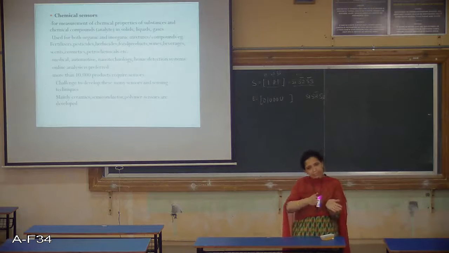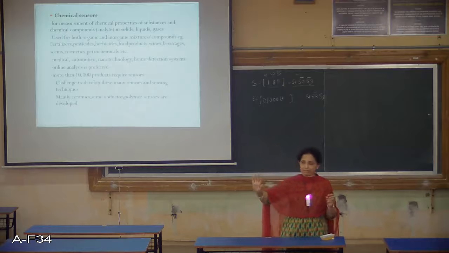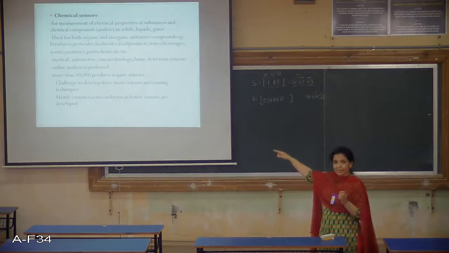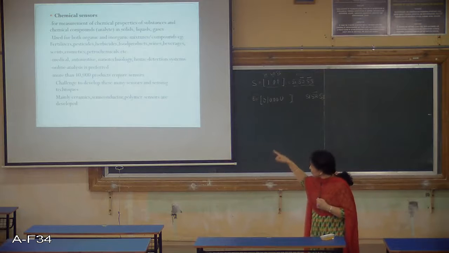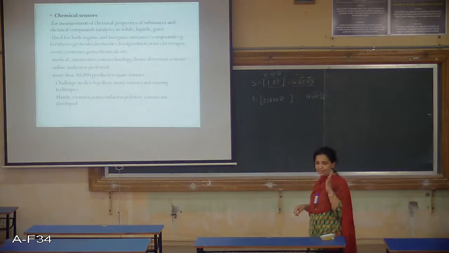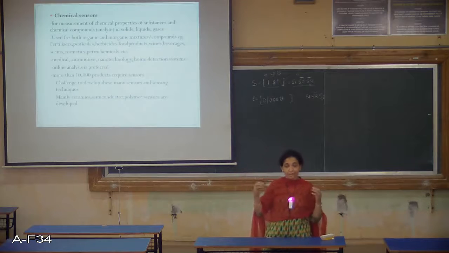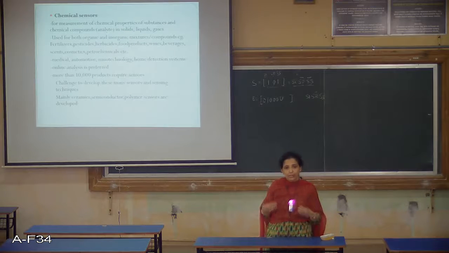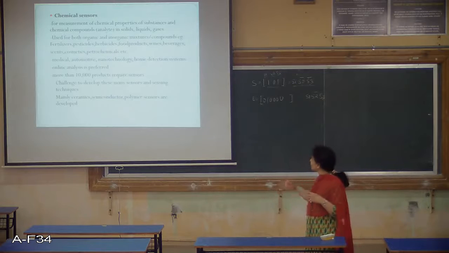Online means this can be sent immediately through a computer to anywhere. So this is the advantage of having online sensors. Now more than 10,000 products require sensing. You can see the volume, how many tens of thousands of sensors are being used daily for sensing a variety of products.